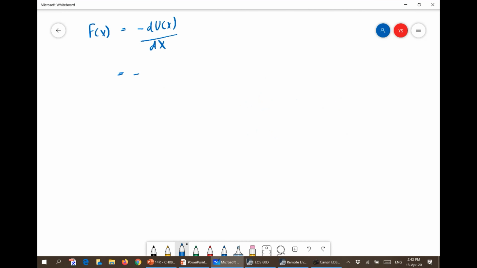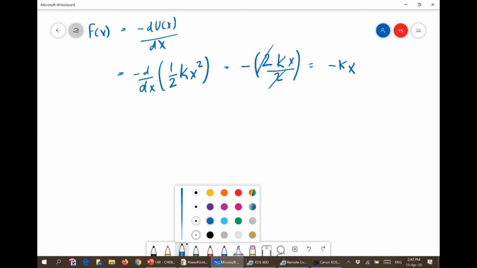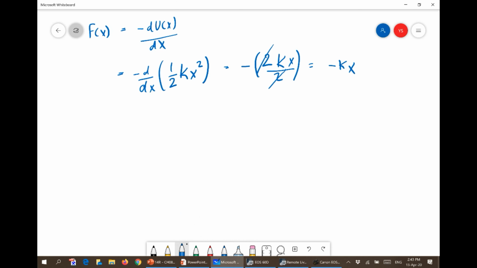So we do minus d by dx of half kx squared, and that would simply be minus 2kx over 2, which is simply minus kx because the 2's cancel out. Yeah? Okay.